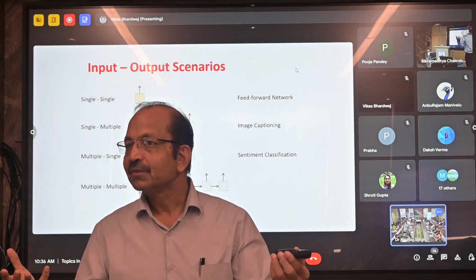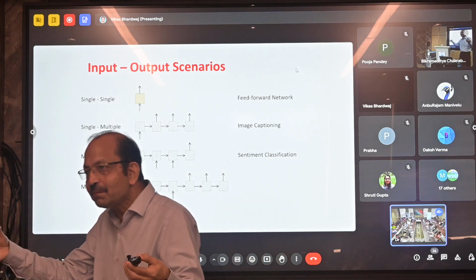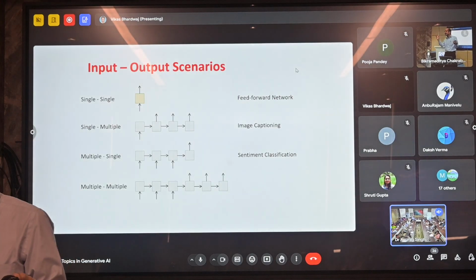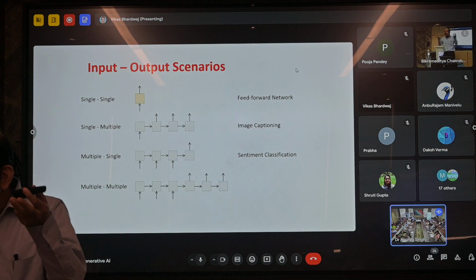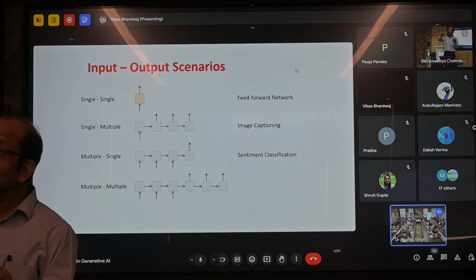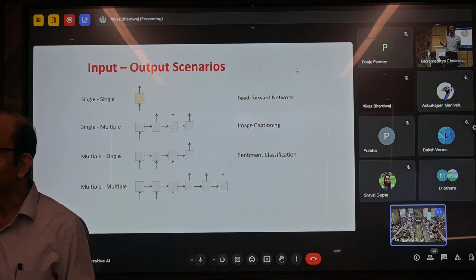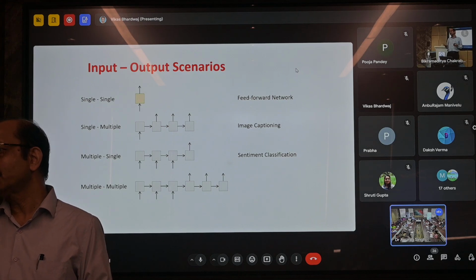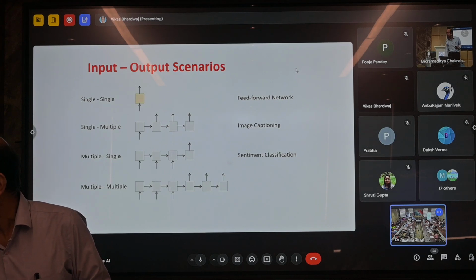You have a set of frames, and each one of them is acting as an image. So you can give various inputs, and then you have to describe what is happening in the video. So multiple input, multiple output. You can solve such kind of problem using a neural network.